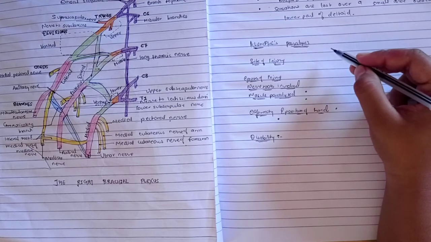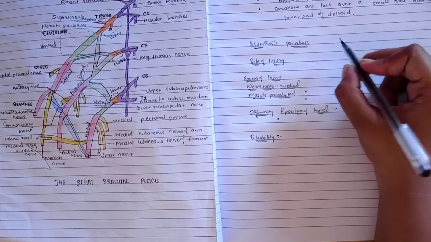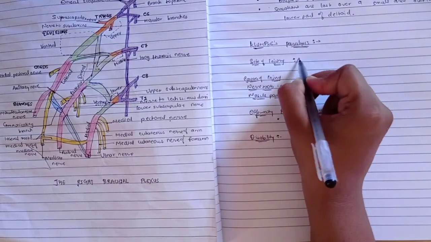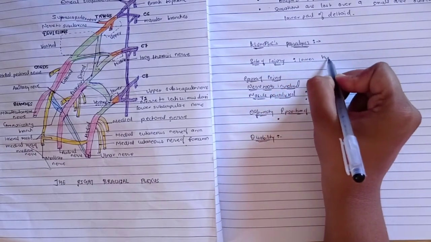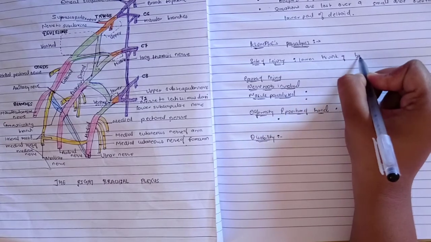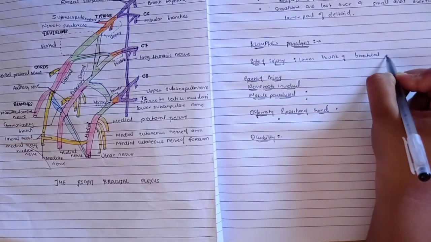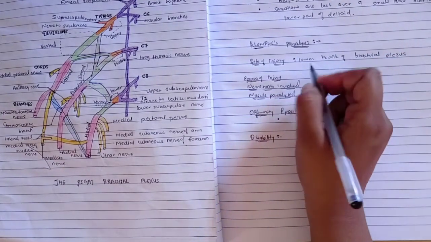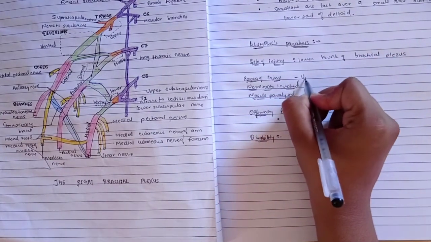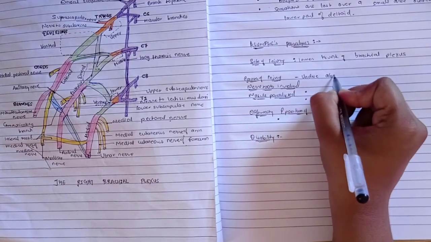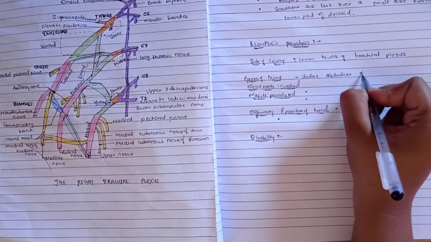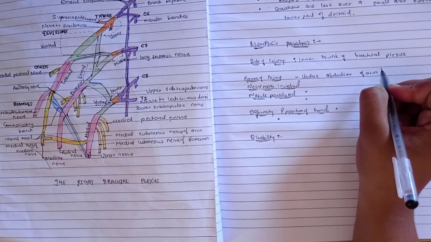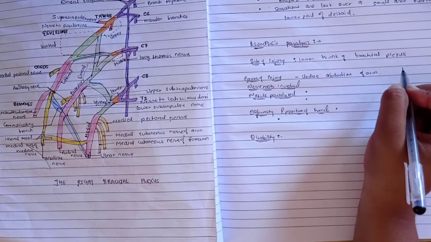Then the second clinical anatomy which we'll discuss is Klumpke's paralysis. The site of injury is the lower trunk of brachial plexus. The cause of injury is undue abduction of the arm, as in clutching something with the hands after a fall from a height, or sometimes in birth injury.